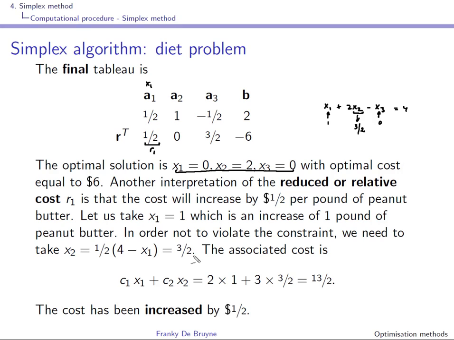This is what we have over here, and then you can compute the associated costs. And if you do this, knowing that c1 is equal to 2 and that c2 is equal to 3, you will see that it is 13 over 2, which is equal to 6.5, right? And you can see that the cost increases indeed by $0.50, right? So as you can see, this is indeed the correct interpretation of R1.